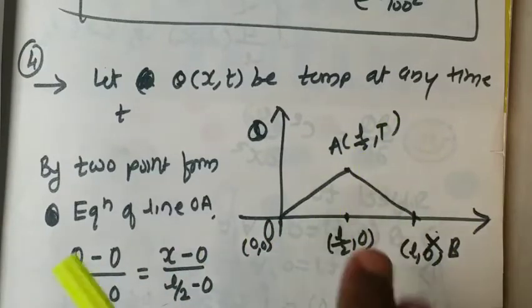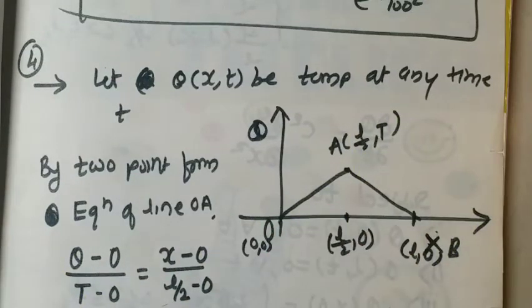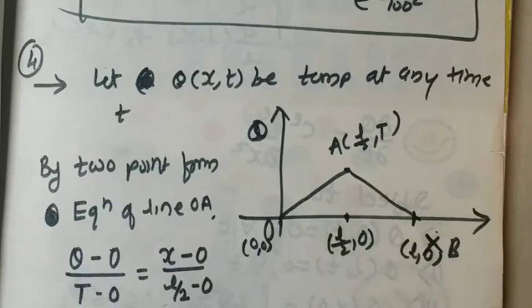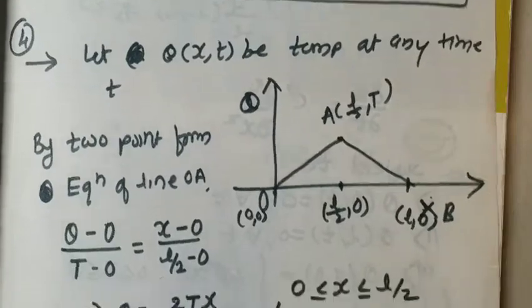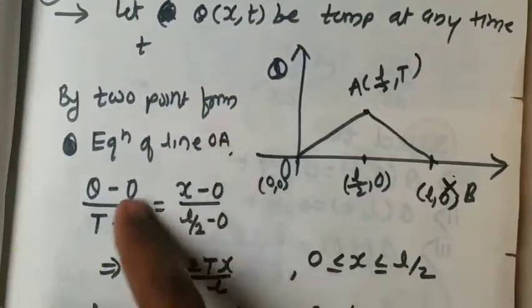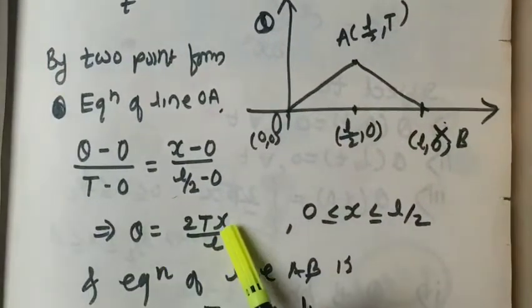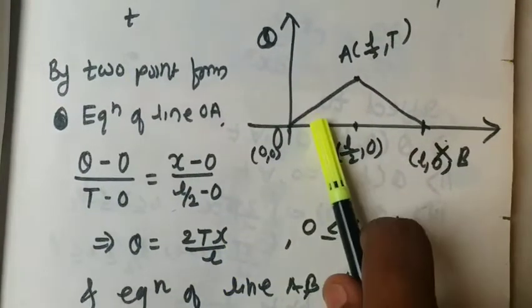This type of figure we have discussed in one of the problems of the wave equation. So by using the equation of a line in two-point form, one equation from O to A, another equation from A to B, determine both equations and get the value of the initial temperature. So for the equation of line, by using this two-point form, we'll get theta equal to 2T x by L for 0 to L by 2.